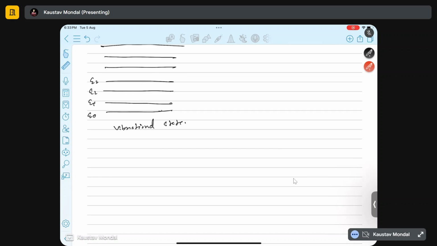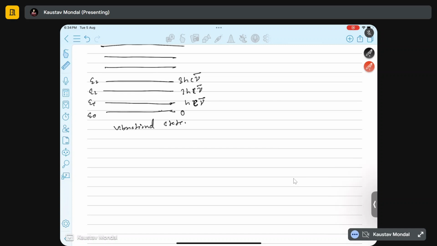The energy states have energies 0, hc nu bar, where nu bar is the wave number, then 2 hc nu bar, 3 hc nu bar.